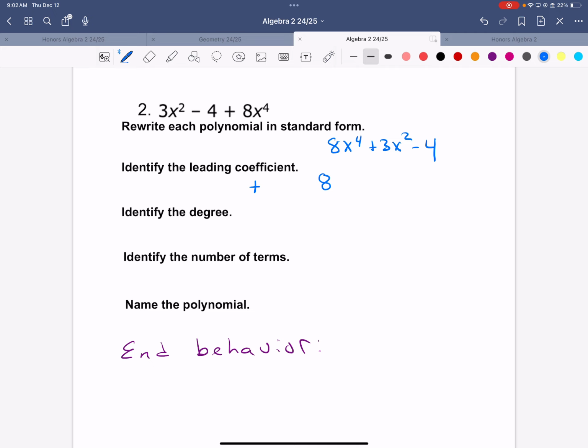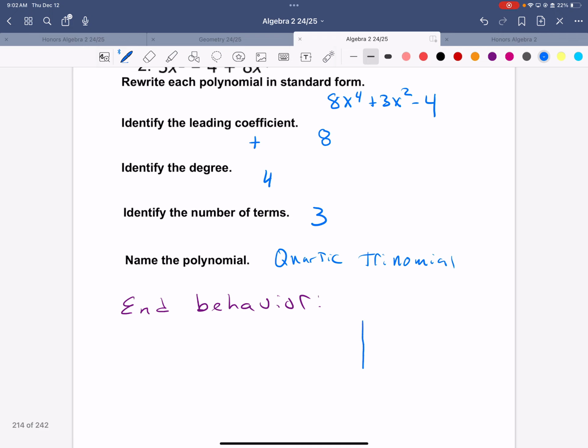Degree, 4th degree. Number of terms, 3. We name it by its degree and then the number of terms. For the degree, there's 4 quarters in a dollar, so quartic. Trinomial is 3. So it's a quartic trinomial.